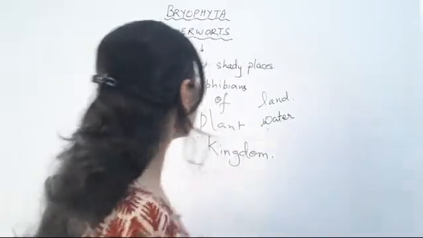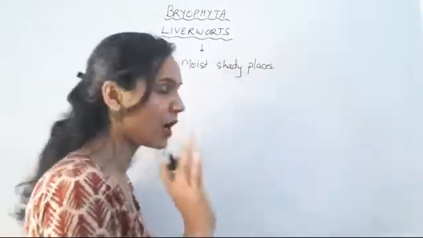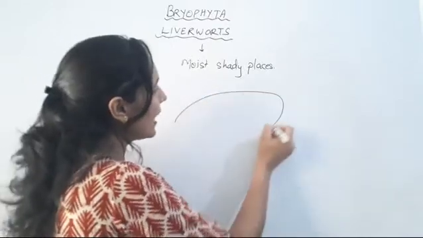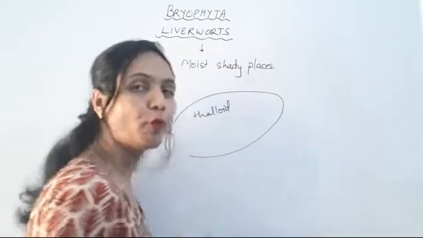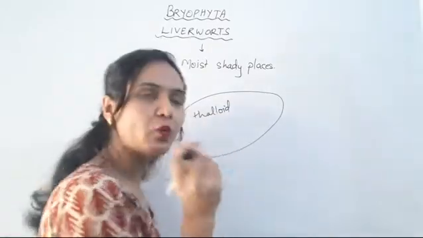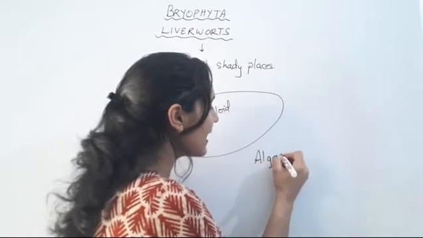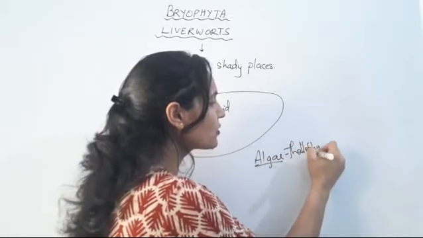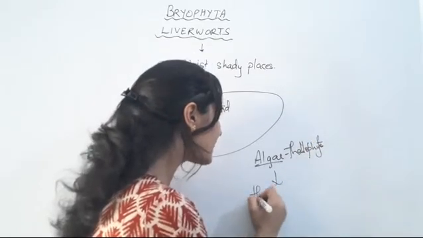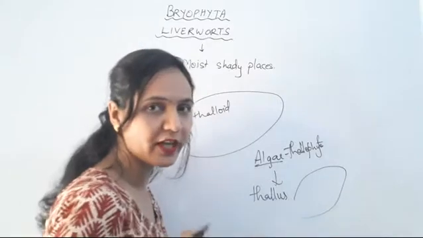We know that these bryophytes, especially the liverworts, which we're going to discuss now, have a thalloid-like body structure. We have seen in the case of algae that the algae which belong to Thallophyta have a thallus-like body, which resembles a leaf-like structure.